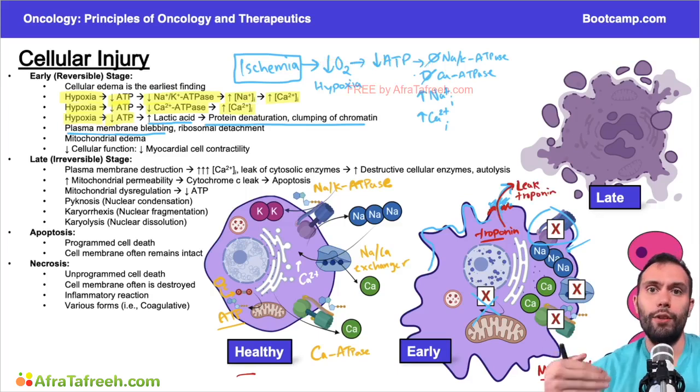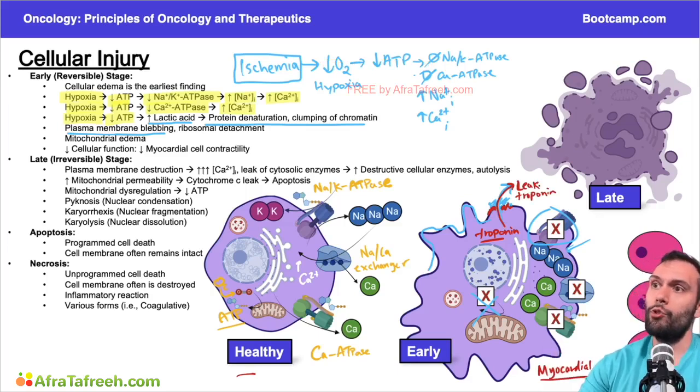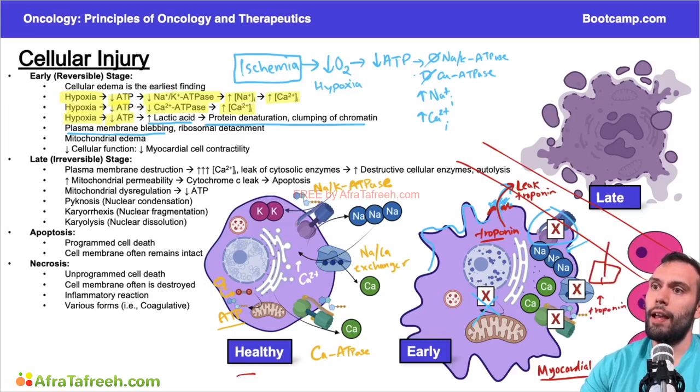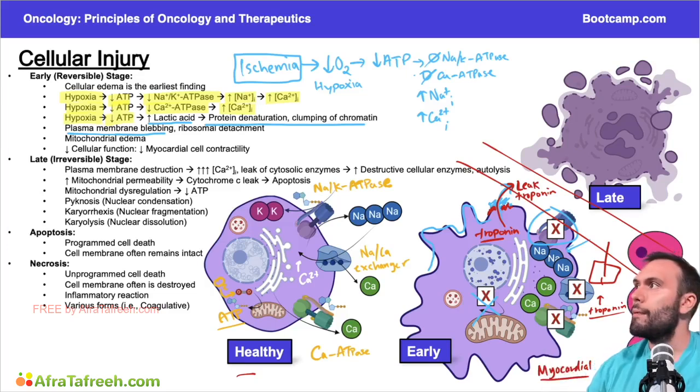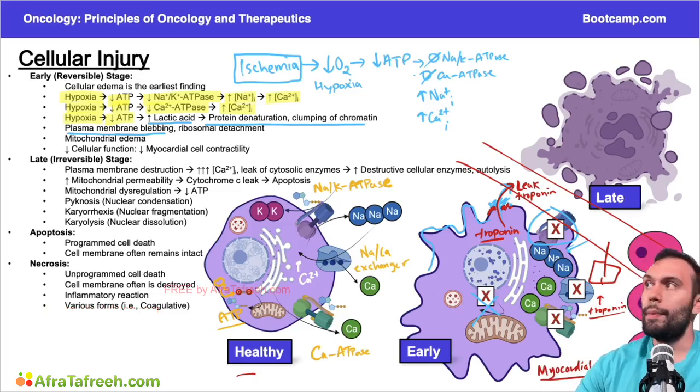So now that this troponin is out of the cell and in the blood, if I do a blood draw on this person, here's my needle, I draw some blood, I might see an elevated level of troponin in the blood. And that elevated troponin is telling me that there's potentially some myocardial cell damage because I'm leaking the enzymes of that heart tissue. Conversely, if this was muscle tissue, maybe it wouldn't be troponin.